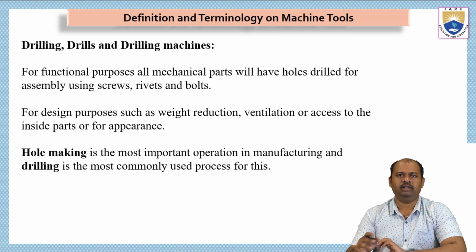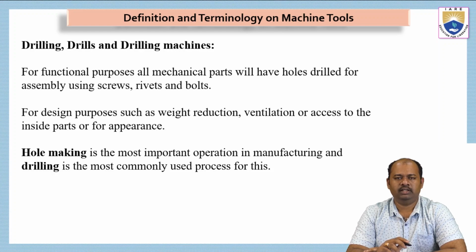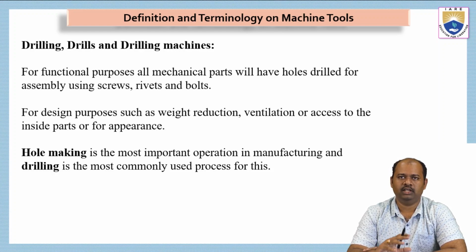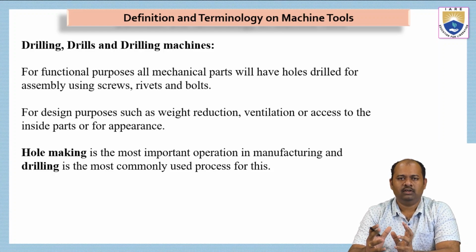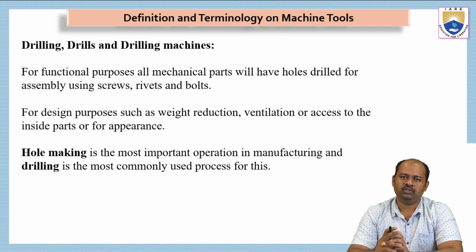And then drilling. We already studied that drilling is a process used to make holes in a workpiece. The tools used for making holes, or to do the drilling operation, are called drill bits, and the machines used for this process are called drilling machines.